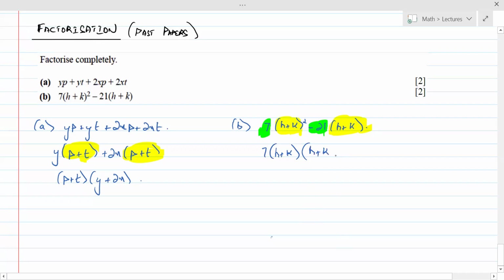Second term would be left with minus 3 because you have already taken 7 common out of it, h plus k common out of it. So it will be only left with minus 3. So this is the final answer, 7 into (h plus k) into (h plus k minus 3), and this cannot be simplified further.